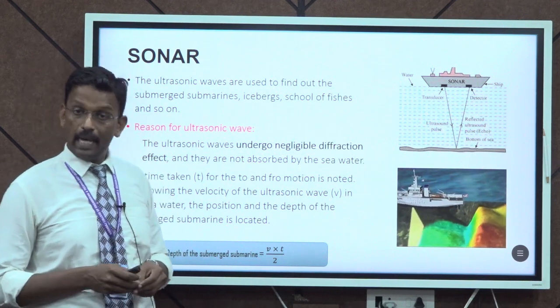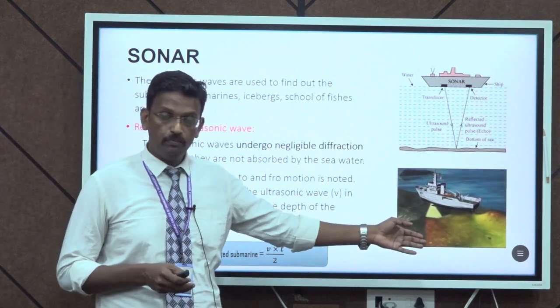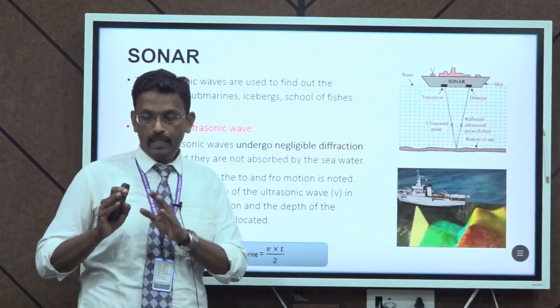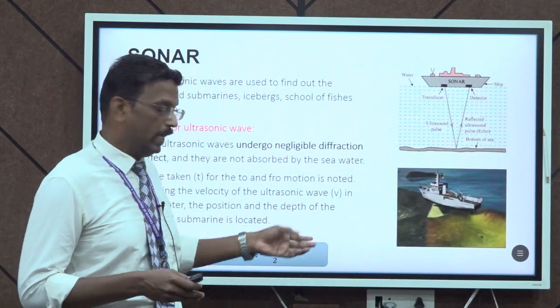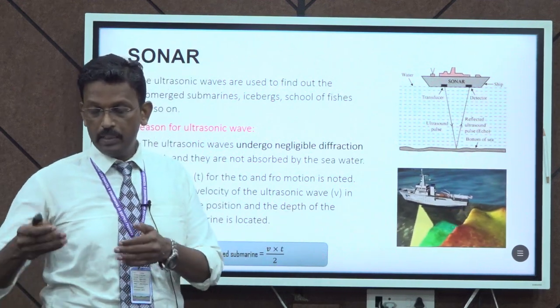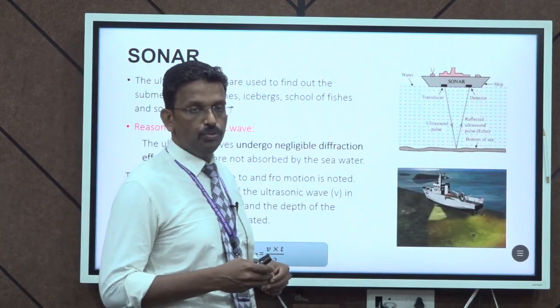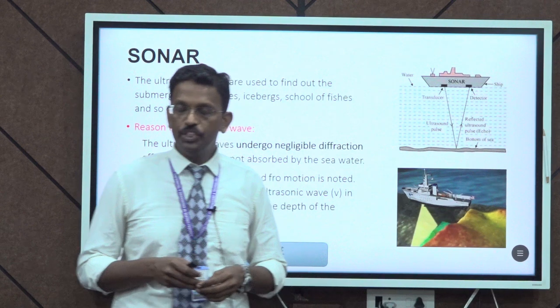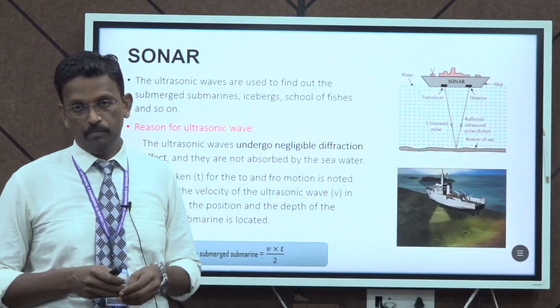With the help of these high frequency sound waves, we can easily measure the depth of the sea, the distance of an enemy submarine or any icebergs present under the sea level, and it is also highly used by fishermen to identify schools of fish in that area.